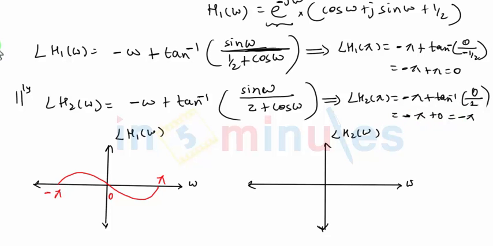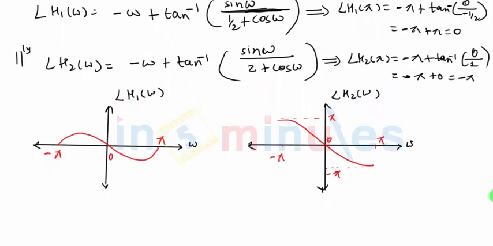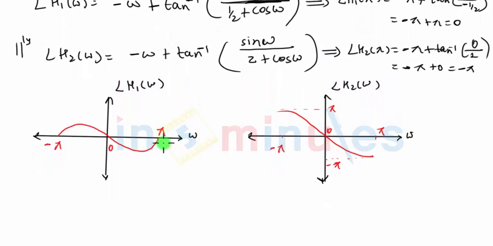So if I now draw the phase spectrum for the second system, it will look something like this. It will go through 0 once again, but at minus pi and plus pi, it will lead toward minus pi and plus pi here. So that's the difference between the two systems. You can see that the phase spectrum at omega equal to pi is equal to 0 here, but at omega equal to pi it is not 0, it is minus pi in the case of the second system.